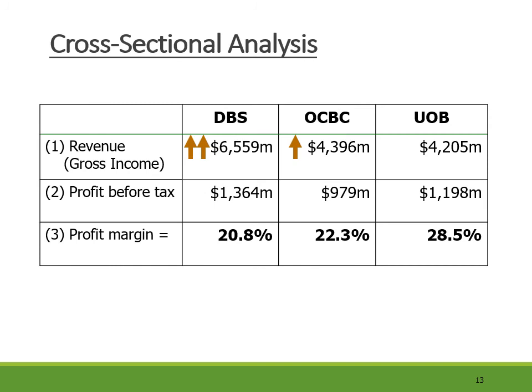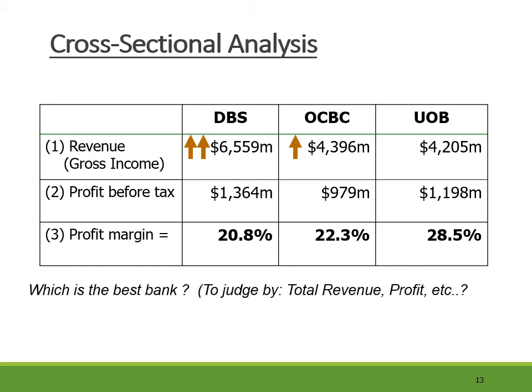Let's compare the three local banks, DBS, OCBC, and UOB. By judging on the revenue, DBS has the highest value, 6 billion, followed by OCBC, 4.3 billion, and UOB, 4.2 billion. Which is the best bank? How do you judge?